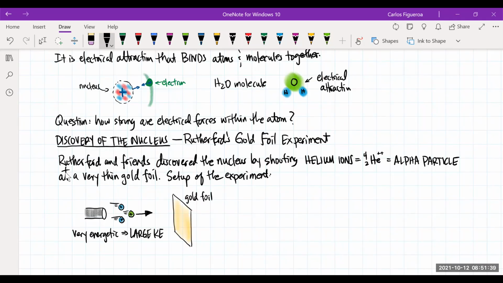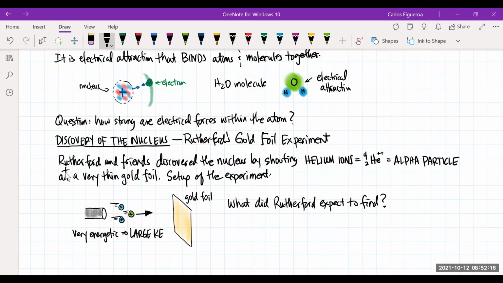So the question is, what did Rutherford expect to find in this experiment? Maybe I should really back up a tiny bit here. The first model of the atom was created by a guy named Thomson, and he had what was called a plum pudding model.